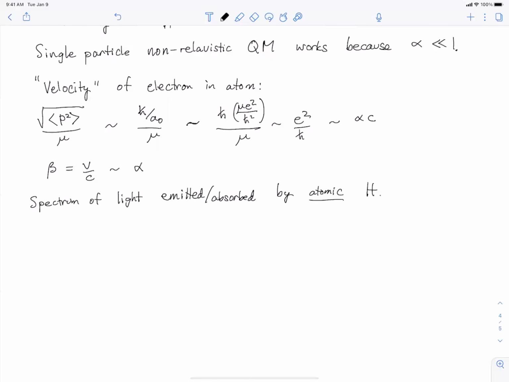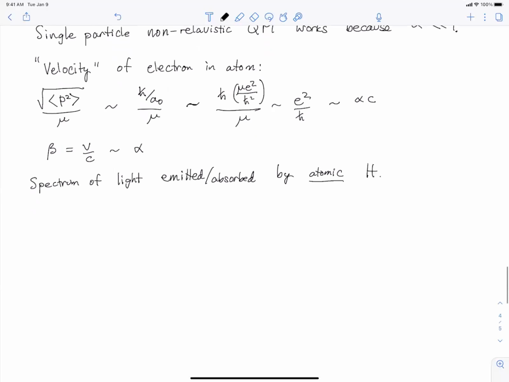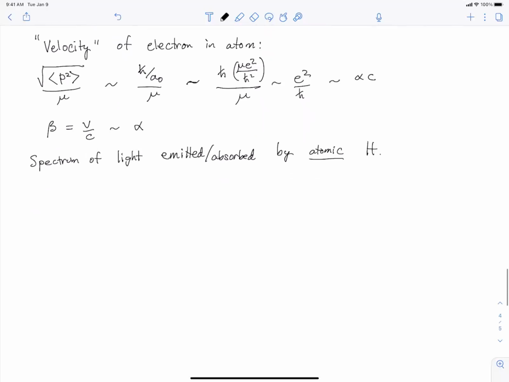There's also molecular hydrogen, where hydrogen is bound into molecules H2. But let's just worry about atomic hydrogen. And so you have some state n and some lower state n prime. And if you transition between those states, you will give off a particle of light, a photon.